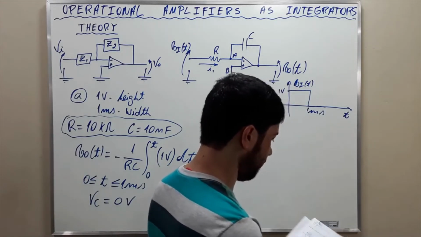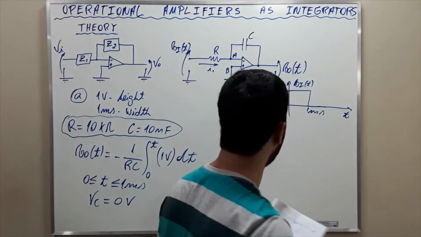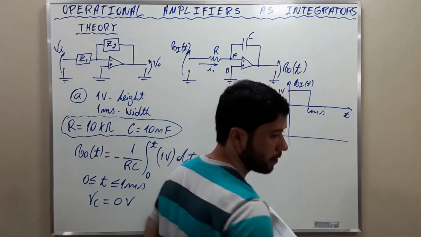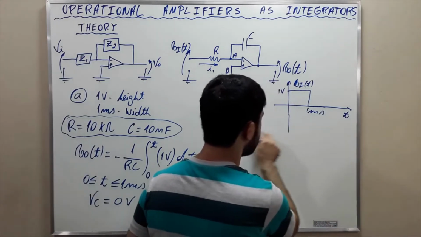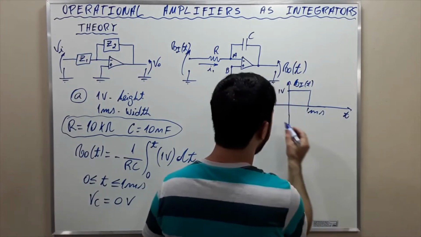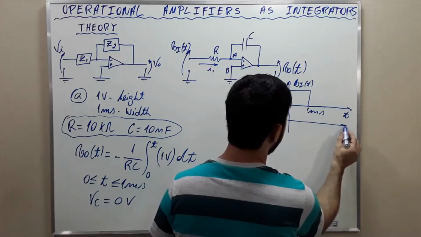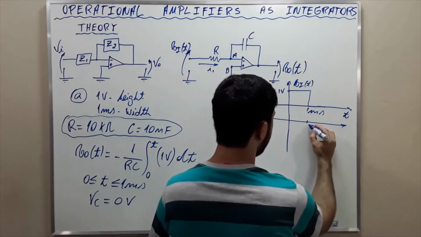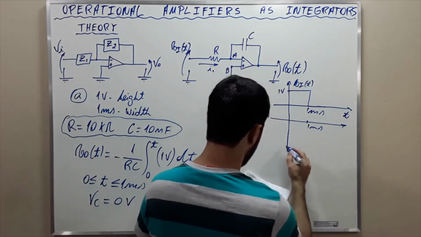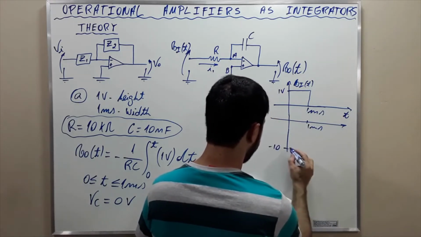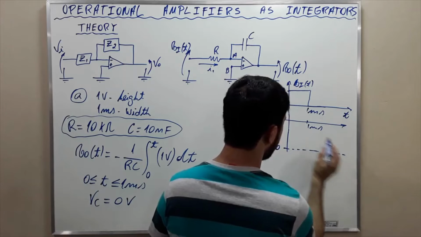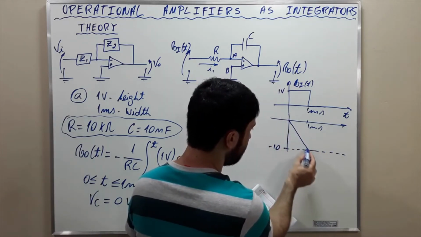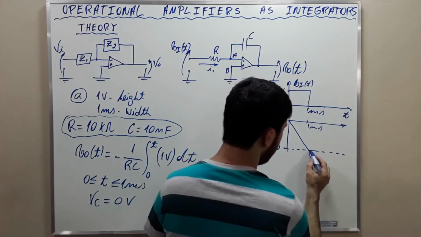Okay, this is how the output is going to be. Here 1 millisecond, and here negative 10. It's going to go from here to here, and then it is going to stay there.